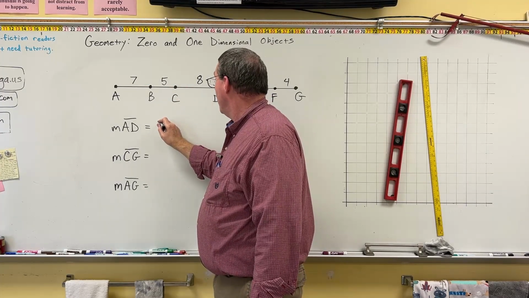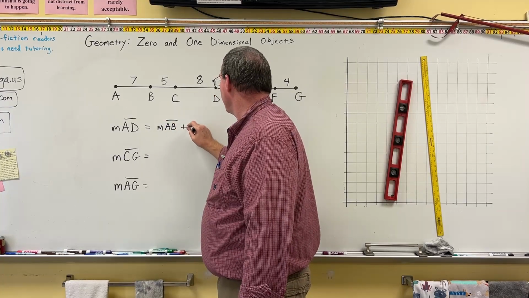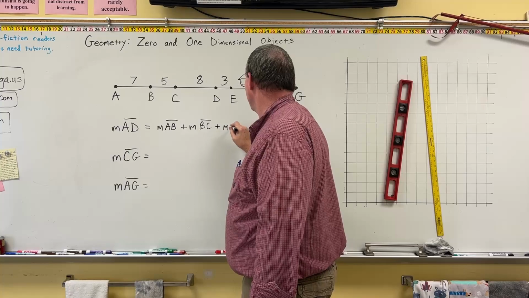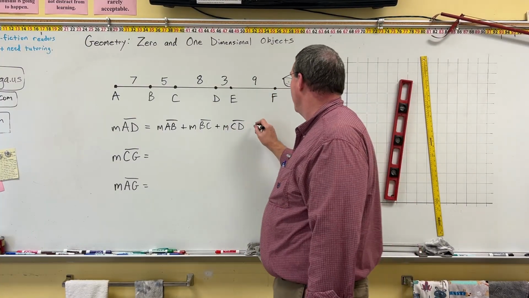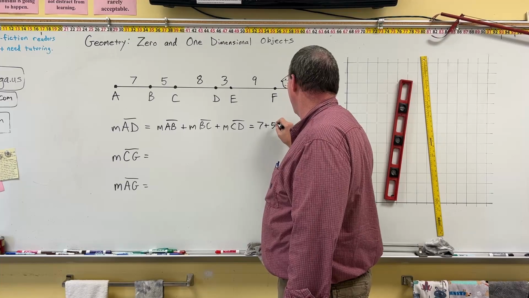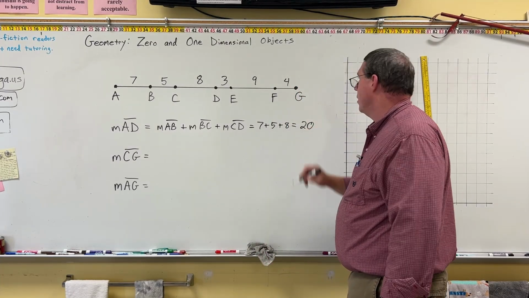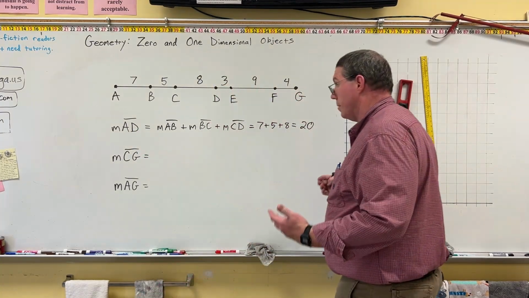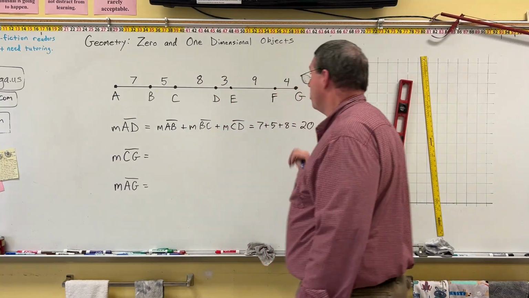It's going to be the measure of AB plus the measure of BC plus the measure of line segment CD, which is 7 plus 5 plus 8, which is 20. Okay? So the measure of line segment AD by the segment addition postulate is 20. Okay?